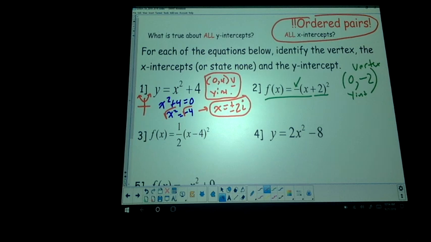And then let's see if we can solve. I'm going to multiply both sides by negative. Take the square root. Square root of 0 is 0, right?